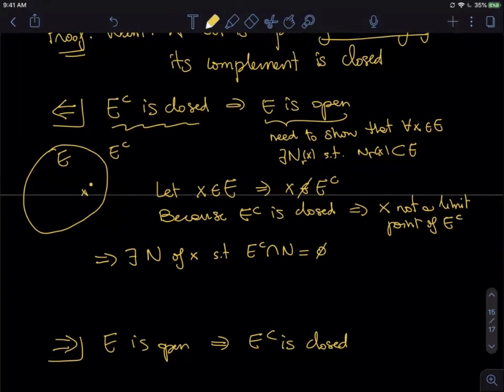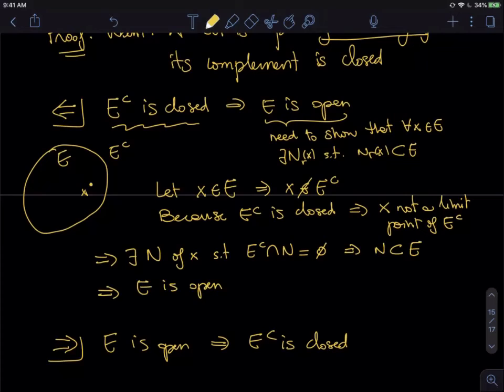If the intersection between N and the complement of E is empty, that means that N is contained in E. So we have found a neighborhood of X that is completely contained in E, and that means that E is open.